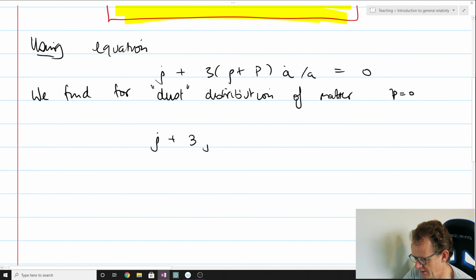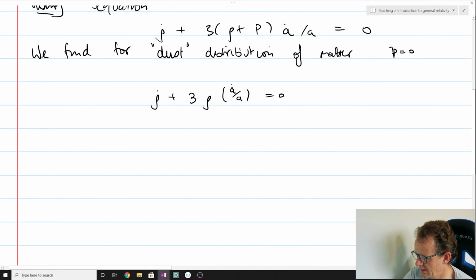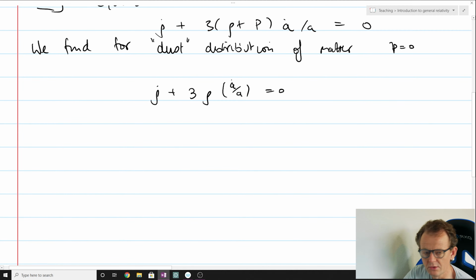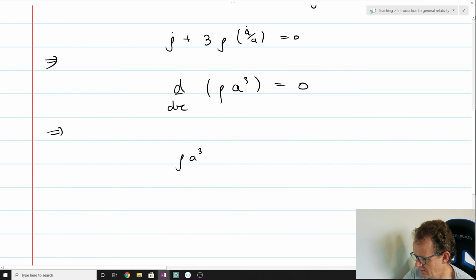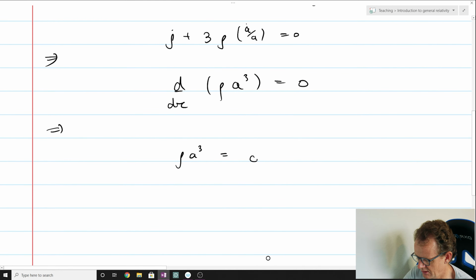Then this equation simplifies slightly, and we can realize that it's actually just a total derivative in disguise. So this is really easy to then integrate. It's a total derivative of the function rho a cubed equals 0, which tells us, of course, that in any such dust-like universe, rho times a cubed is a constant.